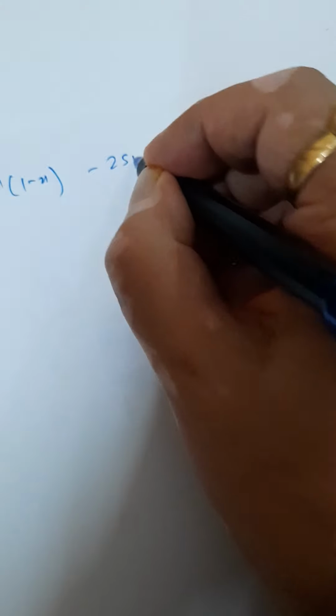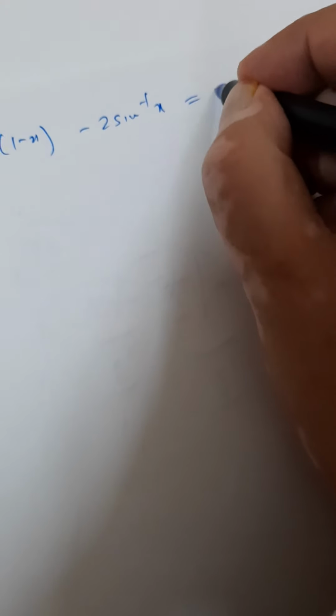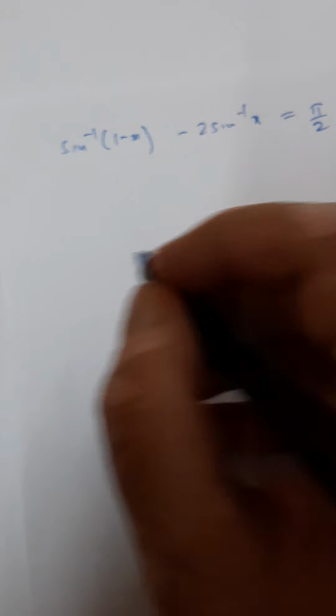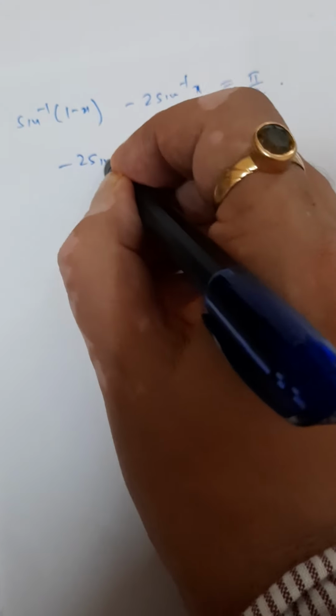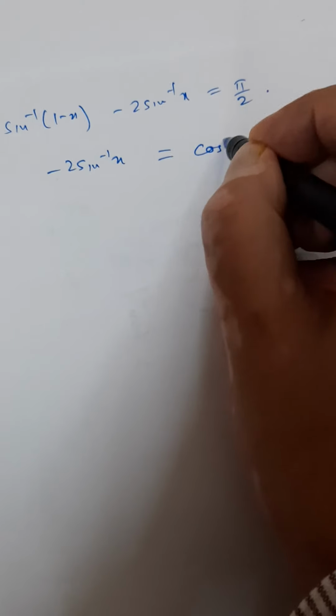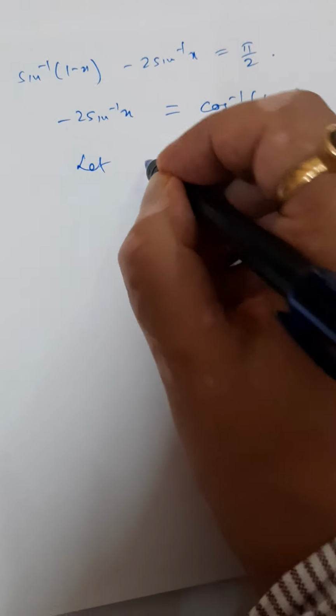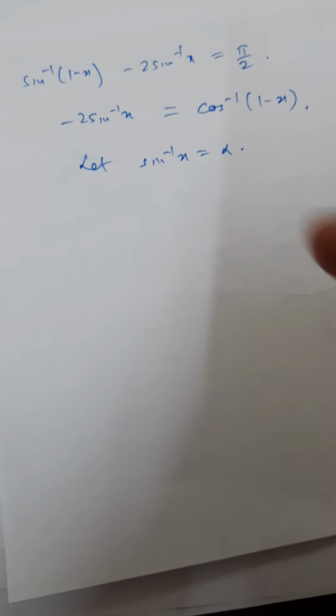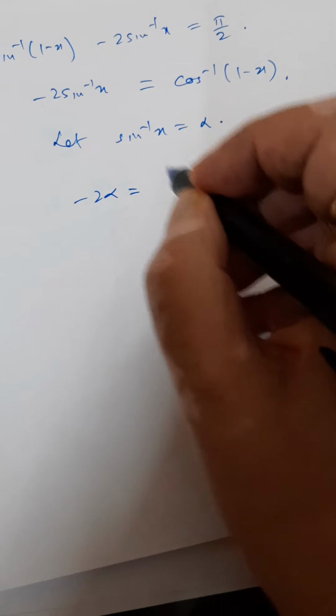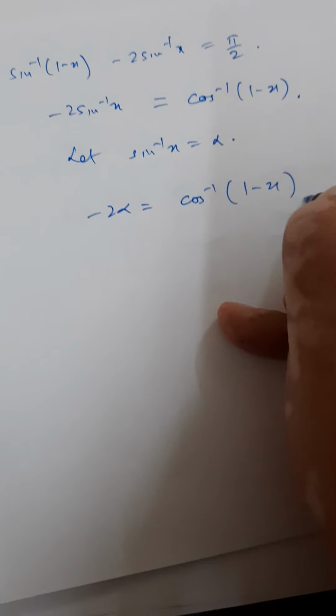Now the last question is sin inverse of (1 minus x) minus 2 sin inverse x is equal to pi by 2. Now you have minus 2 sin inverse x is cos inverse of 1 minus x. Now let sin inverse x equal alpha. So you have minus 2 alpha is cos inverse of 1 minus x.